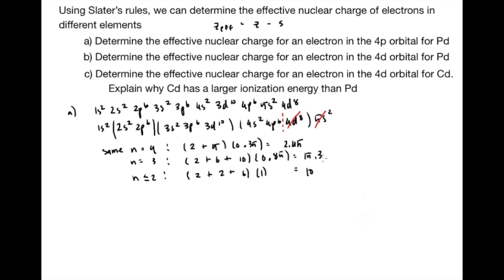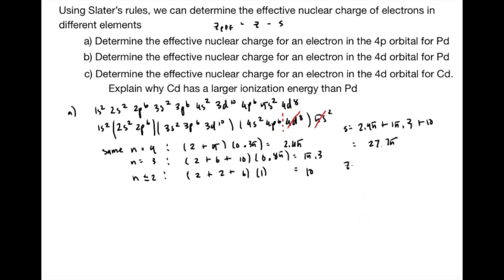And to determine the shielding constant, we need to add all of these numbers together. And so we have 2.45 plus 15.3 plus 10. And so we get a final shielding constant of 27.75. And now we just need to plug it in to our equation up here.